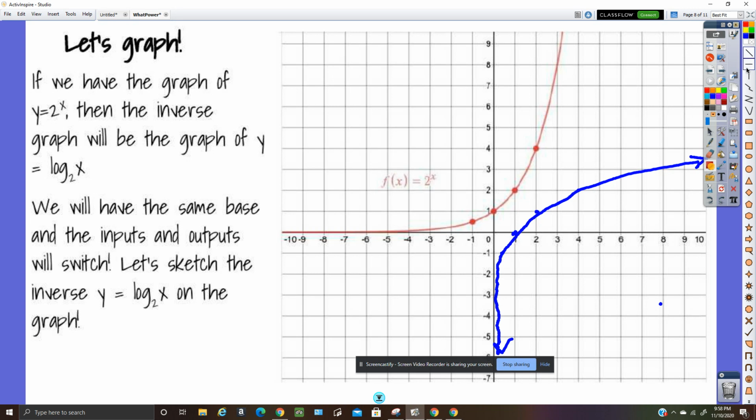Here we go. So the line y equal x is here. Something like that. So this graph, the red graph, I reflected over the line y equal x, I get the blue one.